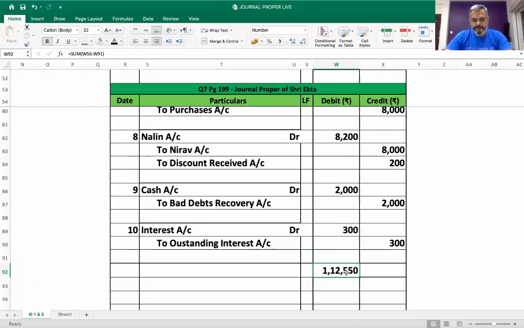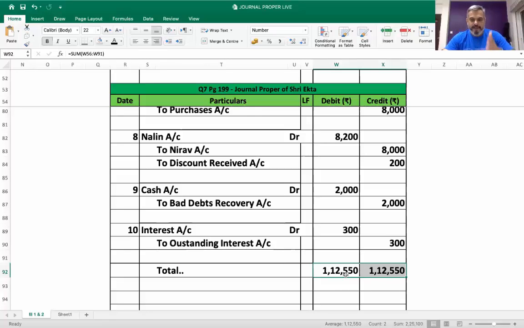One one two five five zero. Let's check. Yes, that's right. It should tally. 1,12,550 is not your asset, not your liability, not your expense, not your income. This amount, 1,12,550, has no importance except that we have to ensure that debit should be equal to credit.